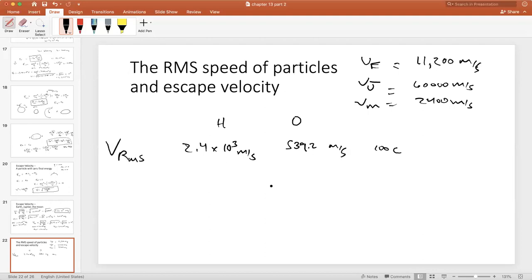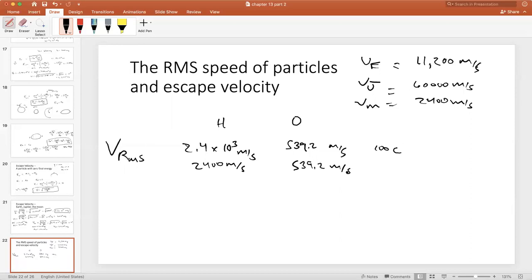That means that if you have a room full of hydrogen, the root mean squared speed is 2.4 times 10 to the 3rd, or 2,400 meters per second. And if you had a room full of oxygen at 100 degrees Celsius, the average speed of a molecule is 539.2.